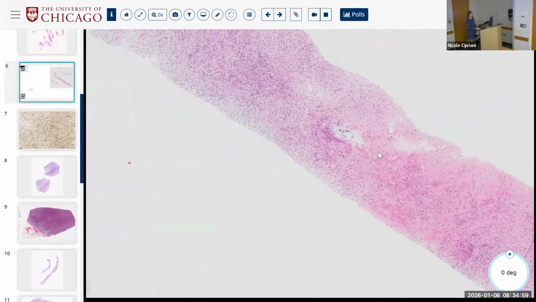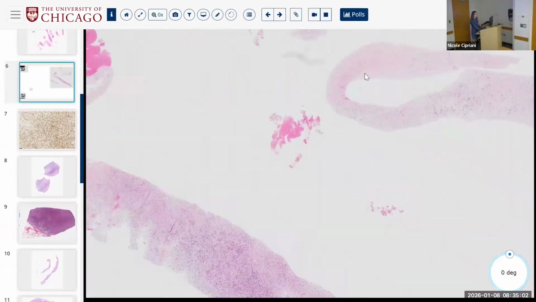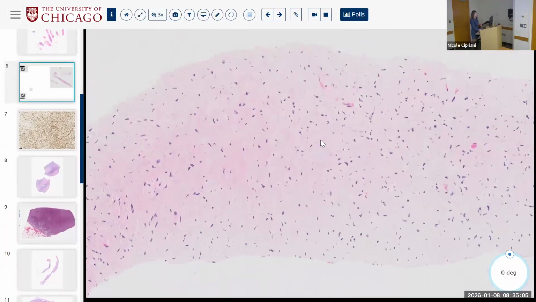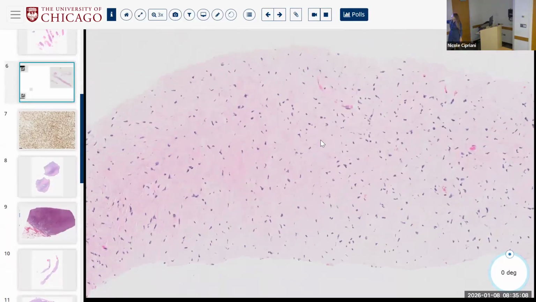If you have a sampling bias and maybe you've sampled mostly a paucicellular area, and your differential is a myxoma or a fibroma, you can still think about MUC4 to specifically exclude a low-grade fibromyxoid sarcoma in a paucicellular myxocollagenous spindle cell neoplasm in a young adult. So in a case like this, you would want to exclude all of the things mentioned, but this is a low-grade fibromyxoid sarcoma.